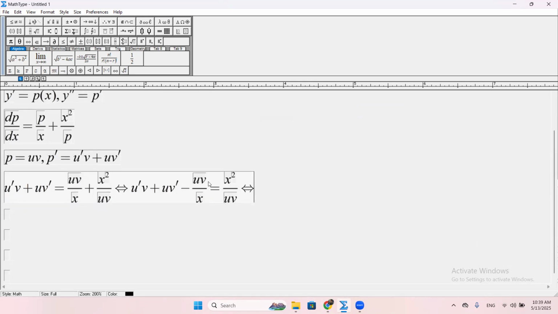Now I will move u out of brackets. So u prime v plus u times v prime minus v over x equals x square over uv.